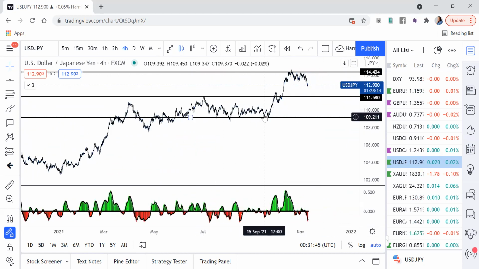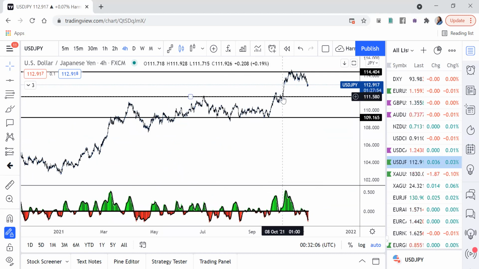Don't mind that it consolidated, fine, it continued up. But then after that, what happened? We had another breakout, right? So we had a break. What's the second one? The retest before we go.